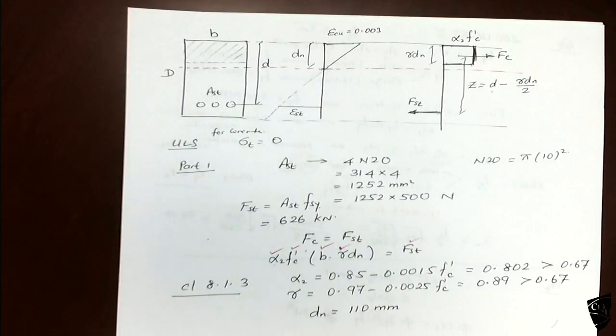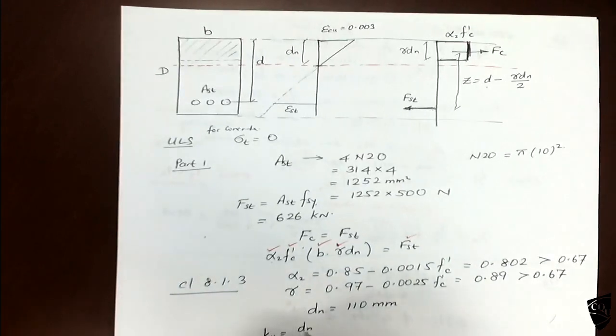We need to do one check, because all these workings are based on a couple of assumptions, the steel yielded and everything. So we need to make sure it's within the required limits. I need to find out ku first. Ku is dn upon d, 110 divided by d, which is given as 350. So you will get 0.31.